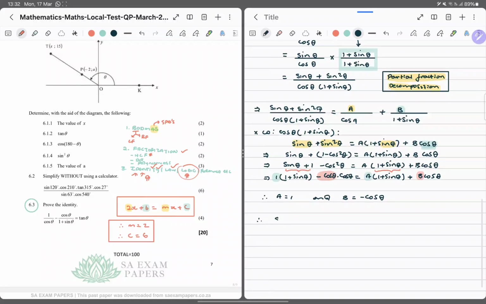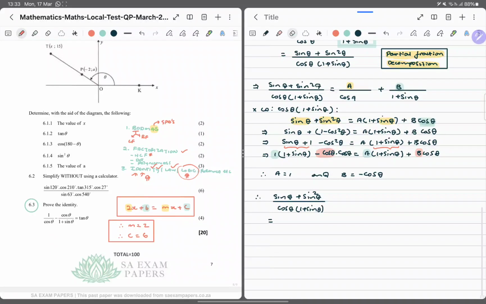So therefore, we know that sine theta plus sine squared theta over cos theta into 1 plus sine theta is equal to, what did we say?